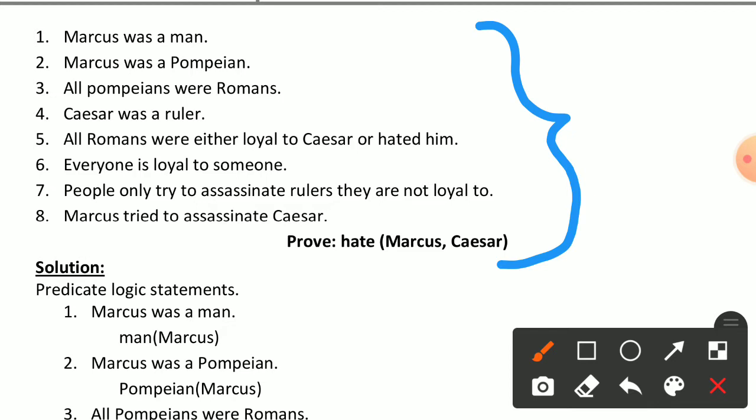Seventh is people only try to assassinate rulers they are not loyal to. And eighth is Marcus tried to assassinate Caesar. We can consider all these basic 8 sentences and prove that Marcus hated Caesar.